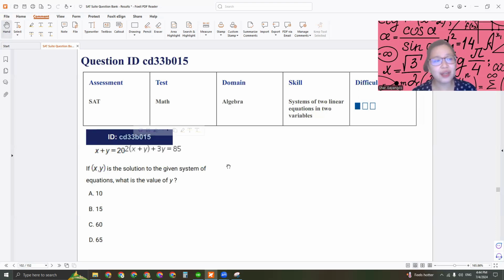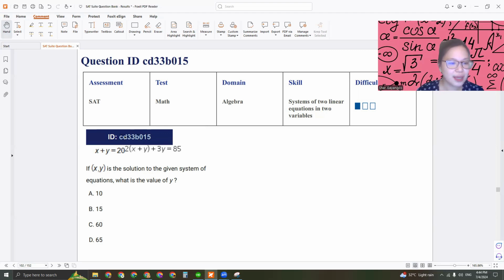If you're not sure, if you're hesitant about your answer, Desmos is there to assure you that you're correct. Sometimes you don't need it in a problem, but if you're just feeling the jitters, Desmos is there to help double check your work, okay?